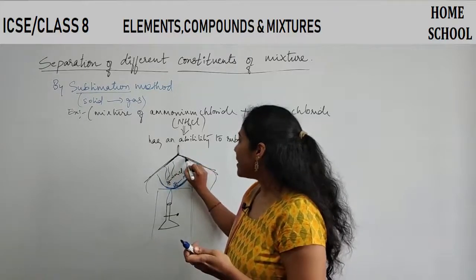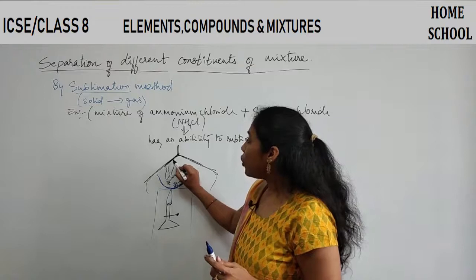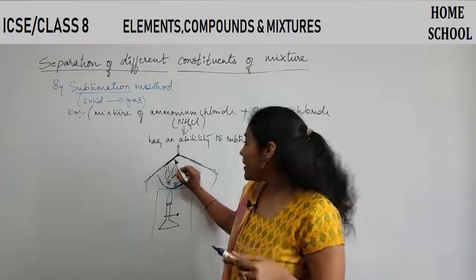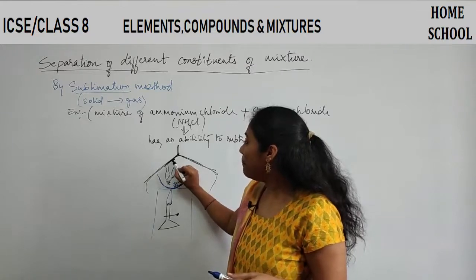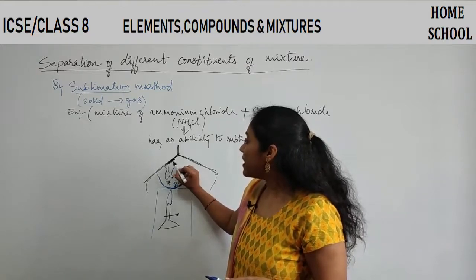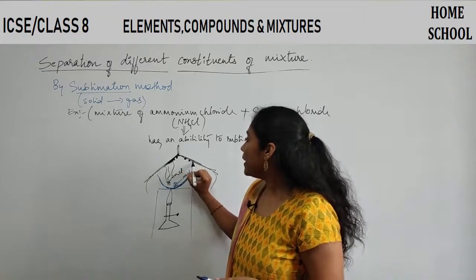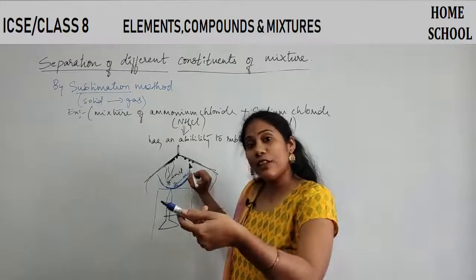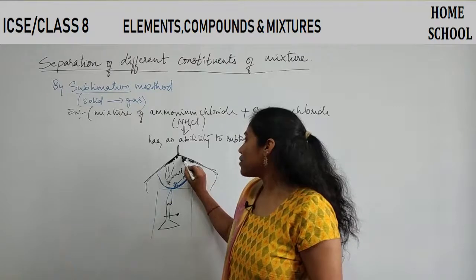Once the vapor goes to the glass tube, there it will undergo condensation. That means the gaseous ammonium chloride will again become solid. So this ammonium chloride finally goes to the glass tube in the form of gas. There it again undergoes solidification. That means the gas directly becomes solid.